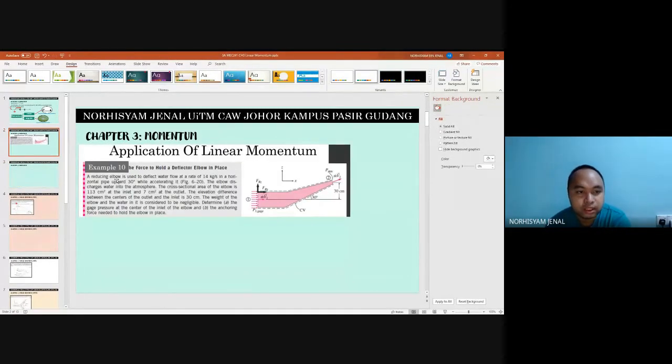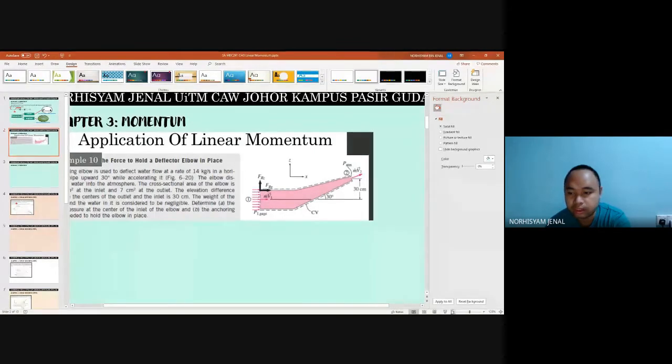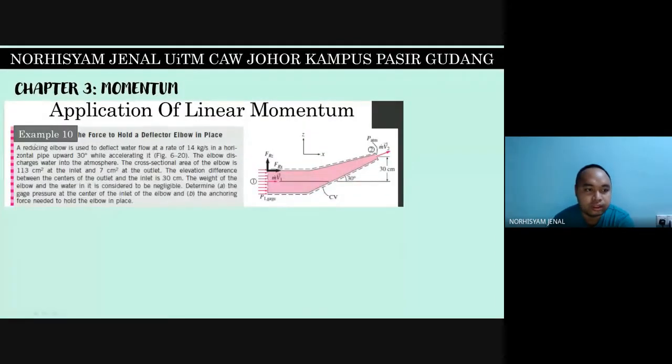Okay, so please read the question over here. A reducing elbow is used to deflect water flow at a rate of 14 kilogram per second. So this question is based on mass flow rate.